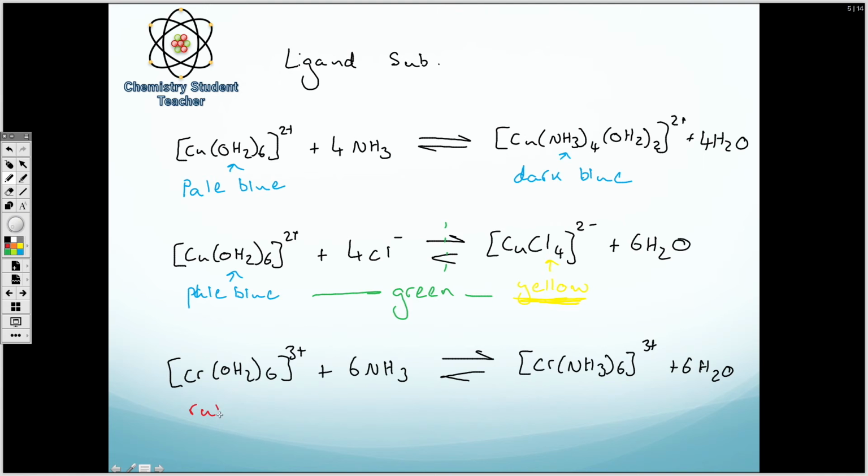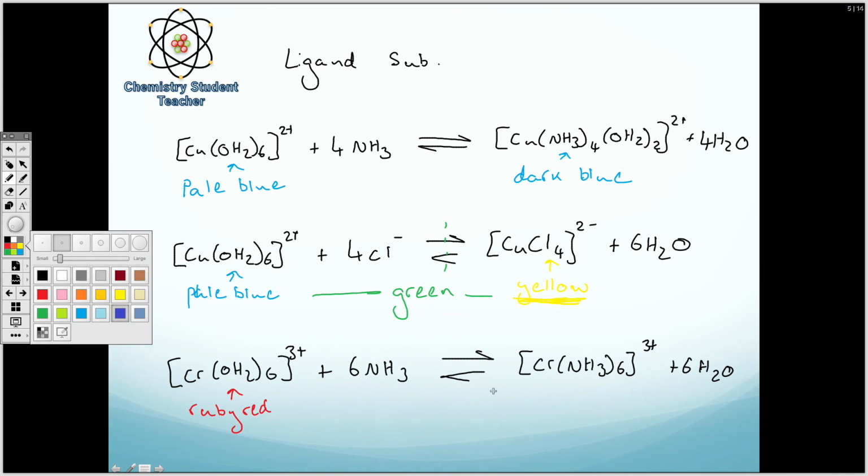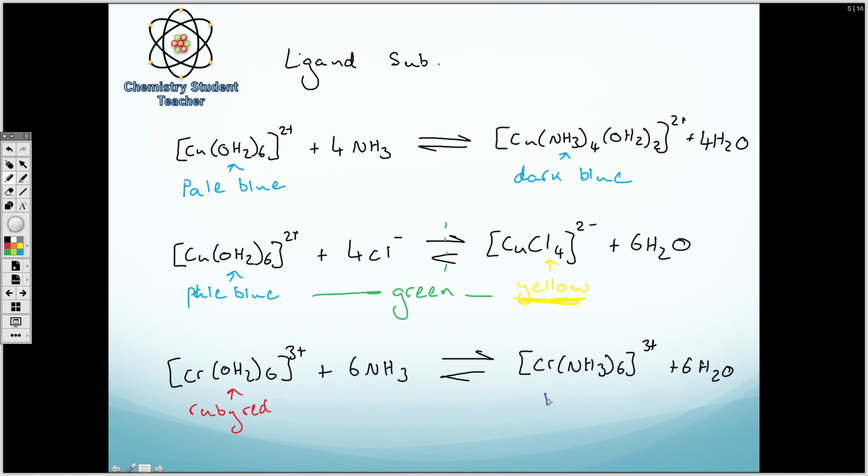So this is a nice ruby red colour, right? Quite hard to miss, quite hard to get it confused compared to something like that's pale blue. But we get that. And then our product is a lovely purple. Maybe you might get it confused between sort of the dark blue and the purple, depending what light you hold it in or if you're colourblind, but that should be purple, while this one should be dark blue.